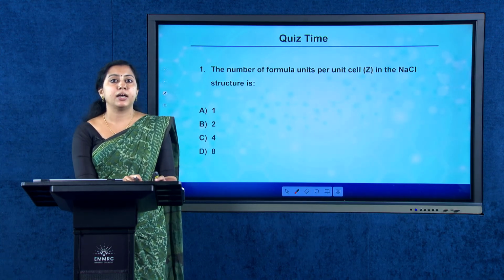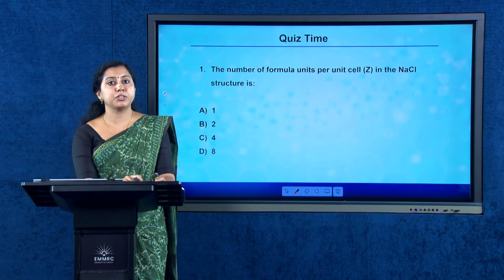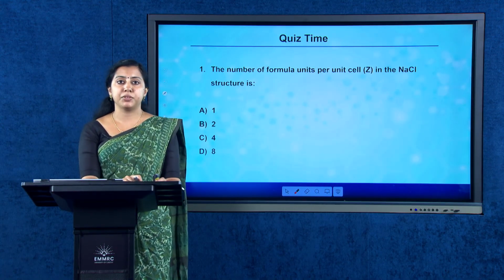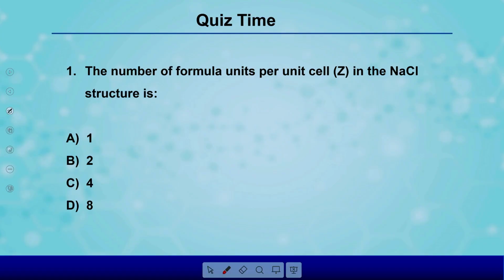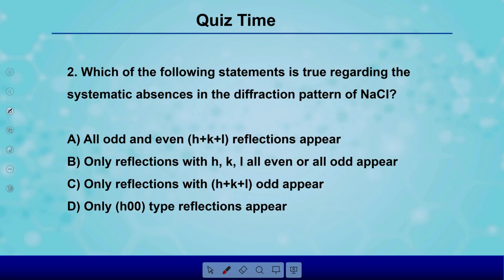Now, let us have a discussion on a few questions based on today's topic. First question, the number of formula units per unit cell in the NaCl structure is: option A 1, option B 2, option C 4 and option D 8. Second question, which of the following statements is true regarding the systematic absences in the diffraction pattern of NaCl?